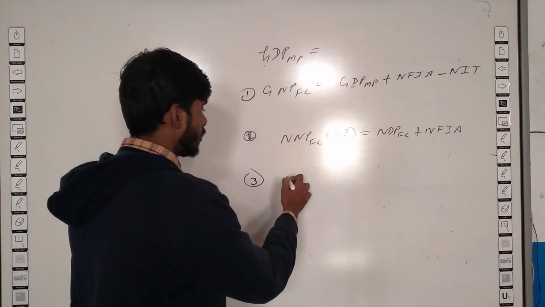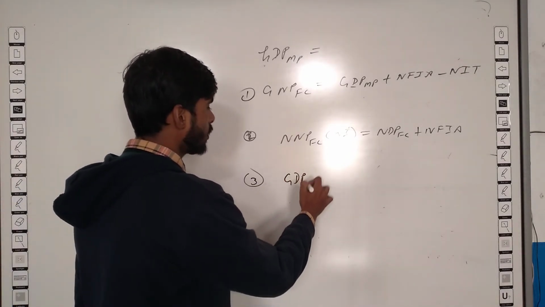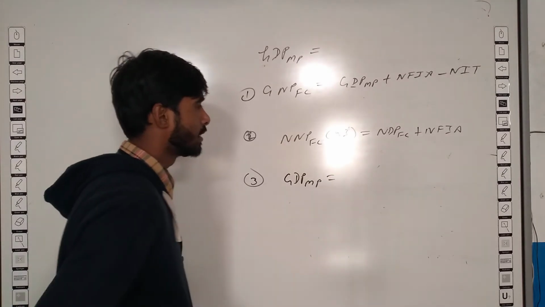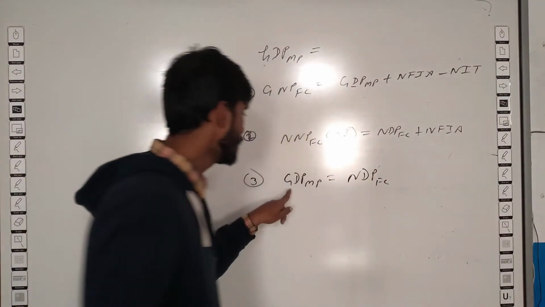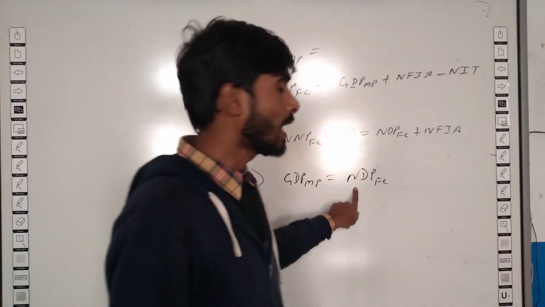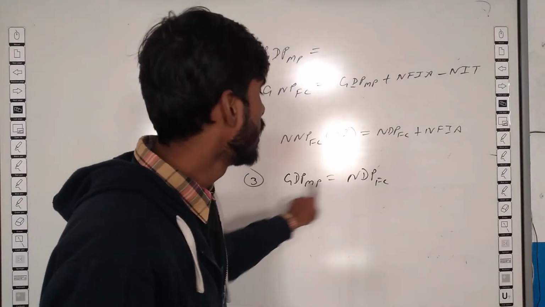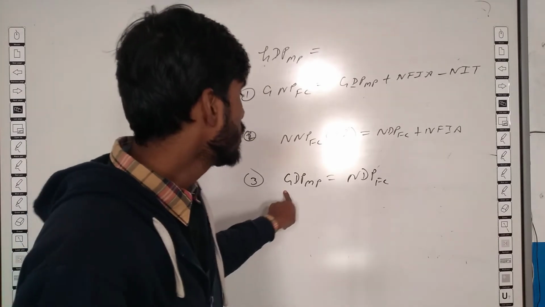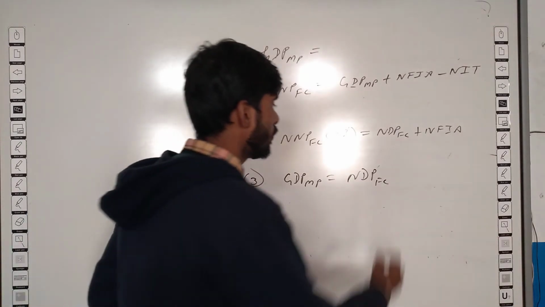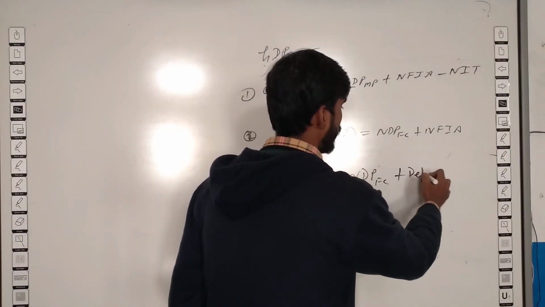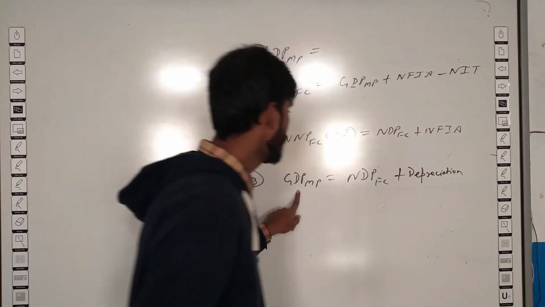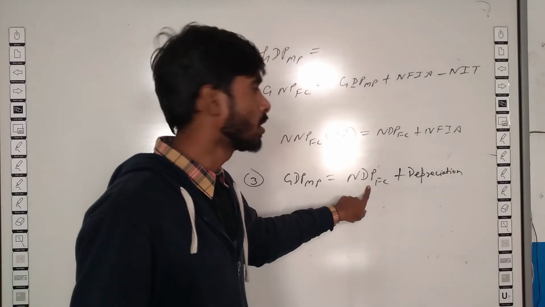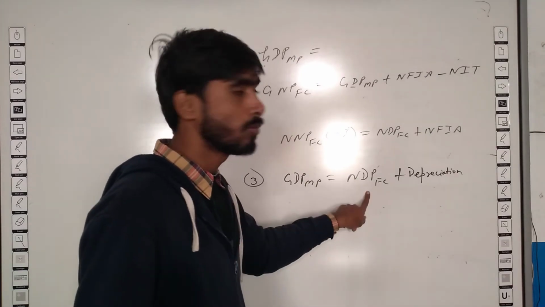Suppose we want gross domestic product at market price, GDPMP, and NDPFC is given. We want G means gross, and N means net. We want gross and net is given. Gross is equal to net plus depreciation. So we will add depreciation to convert net into gross. Here D is domestic. No need to convert the formula because domestic and domestic is same.